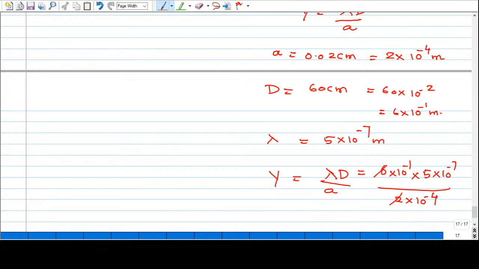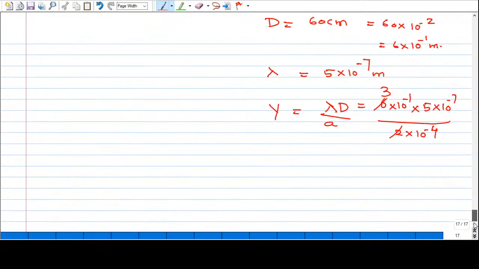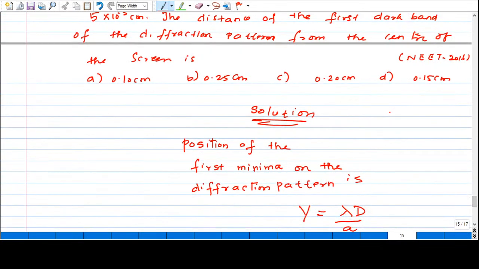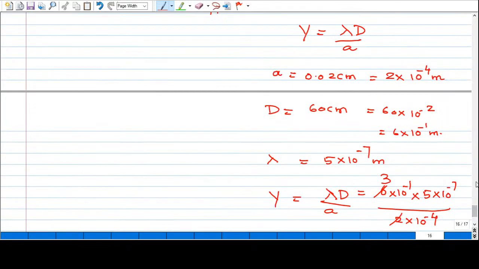If you multiply and simplify this, our final answer is 15 into 10 power minus 4 meter. If you convert into centimeter, I can write 15 into 10 power minus 2 centimeter, which is equal to 0.15 centimeter. Just see where that option lies. The option lies in option D, 0.15 centimeter. So this is very, very important.